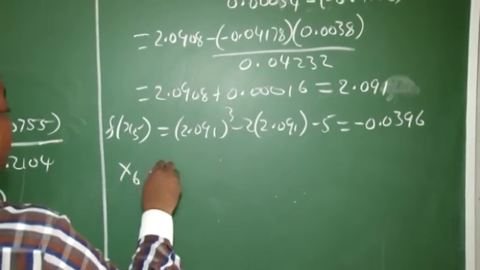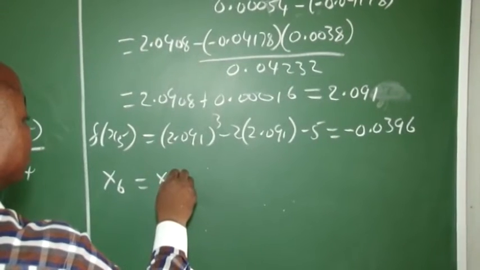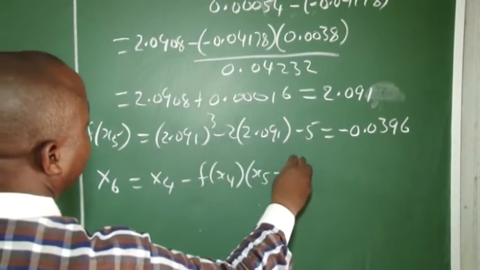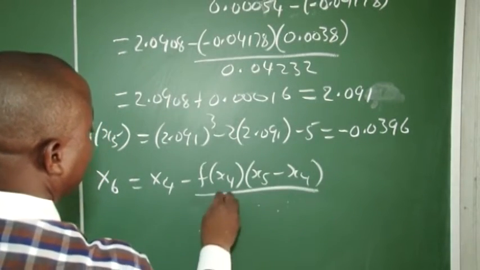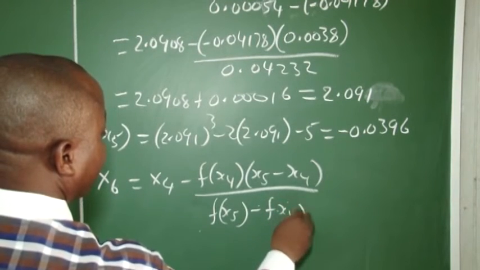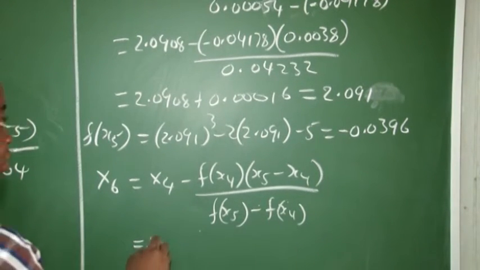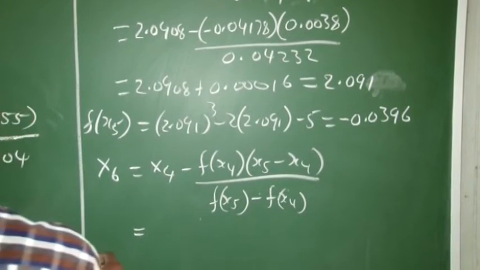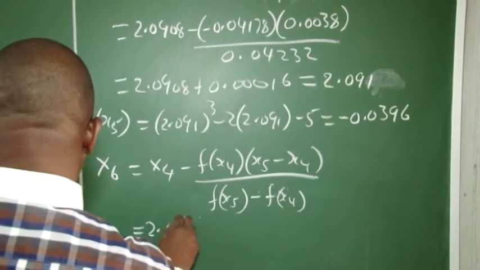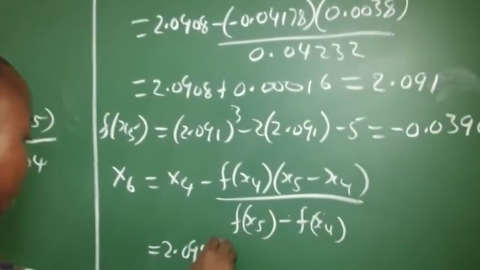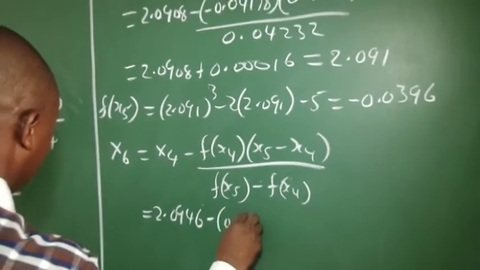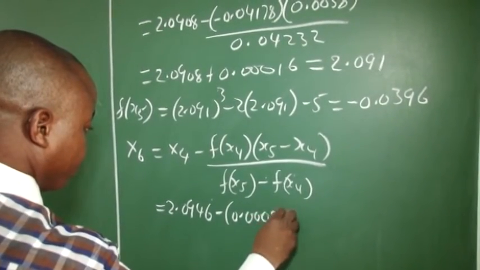Now x6 is equal to x4 minus f of x4 times (x5 minus x4) over (f of x5 minus f of x4). This will give us x4, we have 2.0946, and f of x4 is 0.00054.